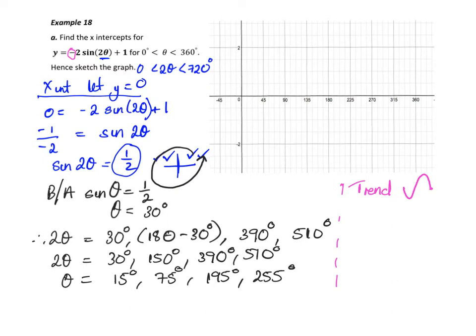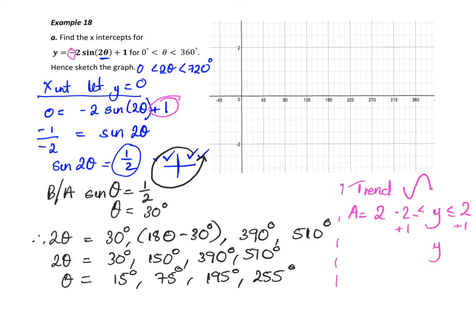All right, the other thing that I'm going to find is my amplitude. Now my amplitude is 2. The minus sign doesn't affect my amplitude. And usually when my amplitude is 2, I'd go between minus 2 and 2. This is where your y translation now changes that. Your y translation, you're moving everything up 1. So that's going to be plus 1, and that's going to be plus 1.